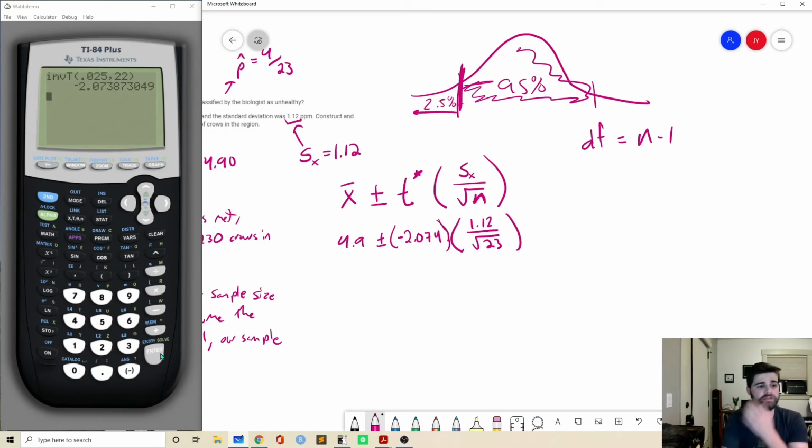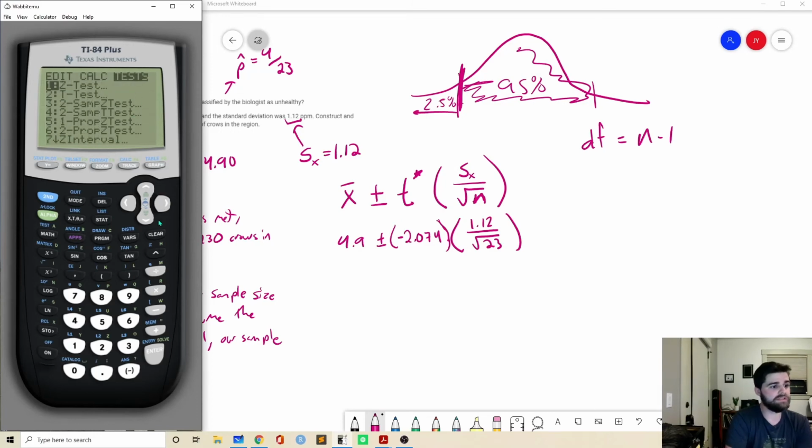I also want to show you that we can do the whole thing in the calculator. That way you don't actually have to calculate your t-score if you're using the calculator to do all the work for you. So if I press stat and go over to the test menu and look down here, we'll find a t interval.